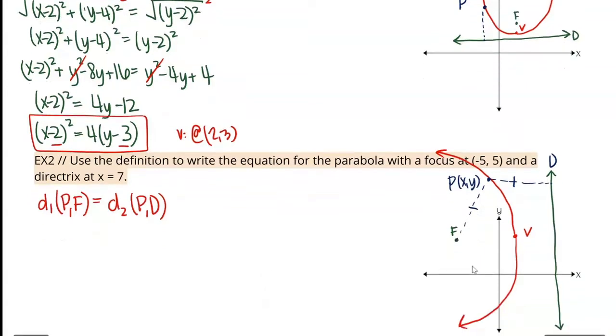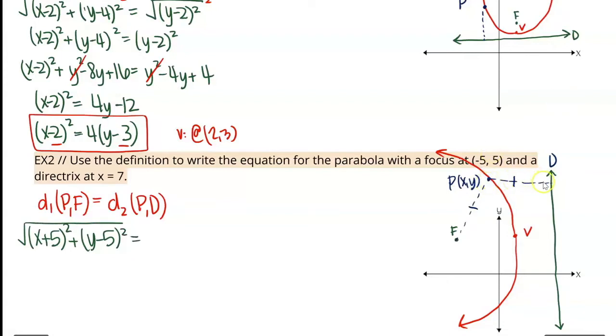Okay, anywho, back to my equation over here. The distance between the point P and the focus, remember that's going to be the distance formula again. So between (x, y) and (-5, 5), we're going to have the square root of (x + 5) squared plus (y - 5) squared. And then the distance to the directrix.